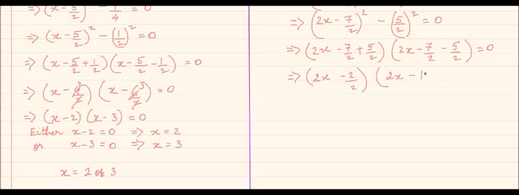So it is (2x − 12)/2 equal to 0, and these two will get cancelled. We'll be having a 1, and even these two get cancelled, and we have a 6. So we have (2x − 1) and (2x − 6) equal to 0.